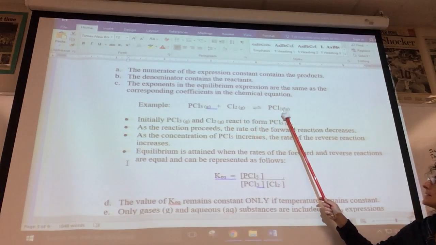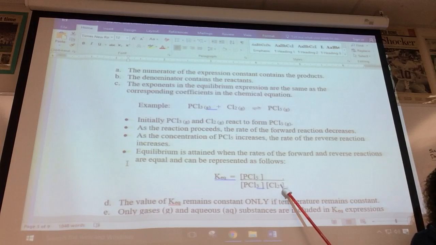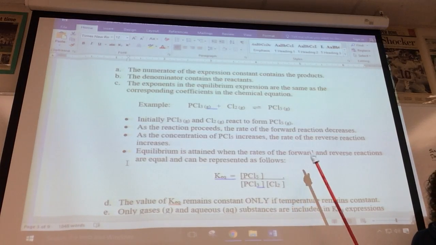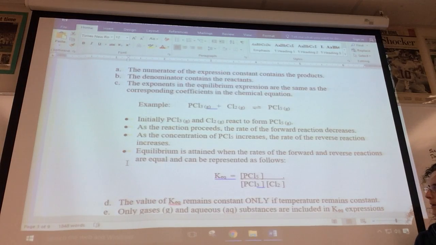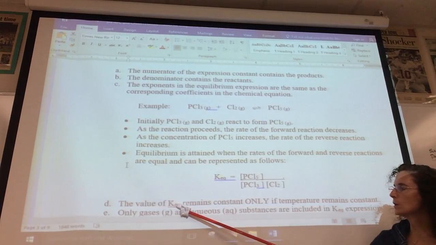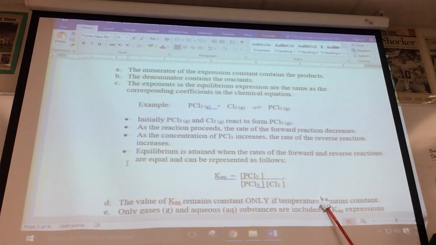You always put gases in equilibrium constant expressions. You always put aqueous substances in equilibrium constant expressions. You do not put solids, and you do not put liquids. And we'll talk about why in a little more detail in a bit. The value of KEQ remains constant only if the temperature remains constant.